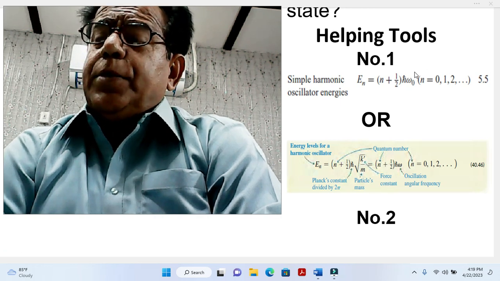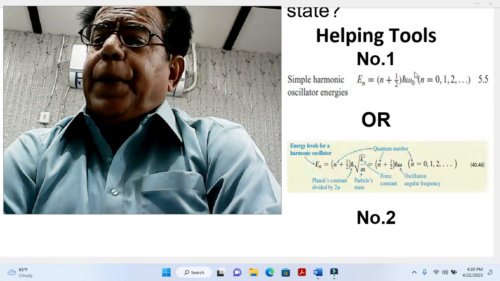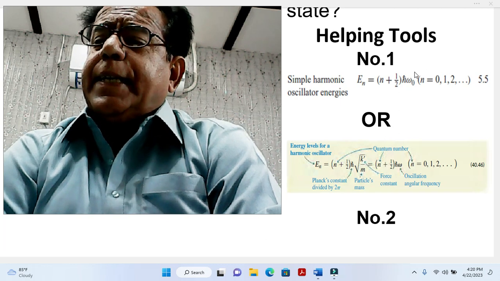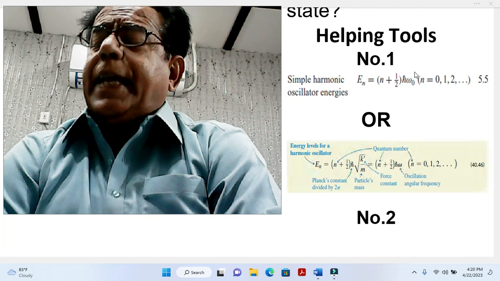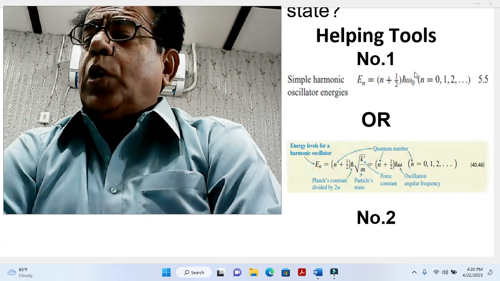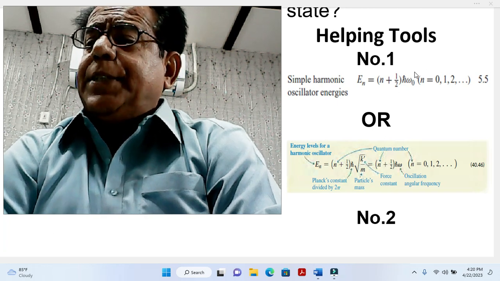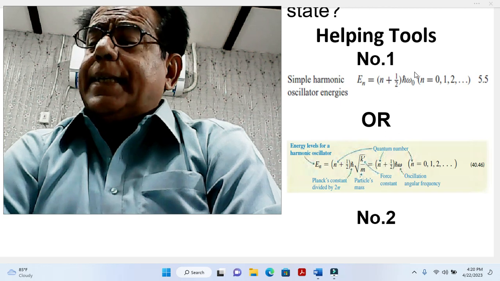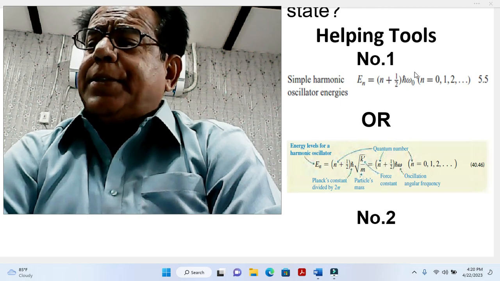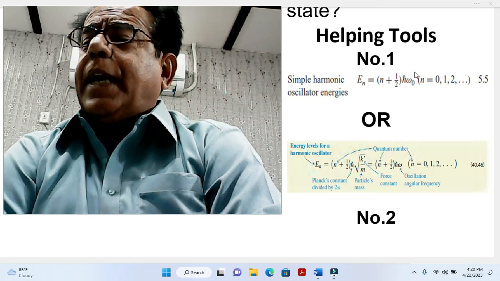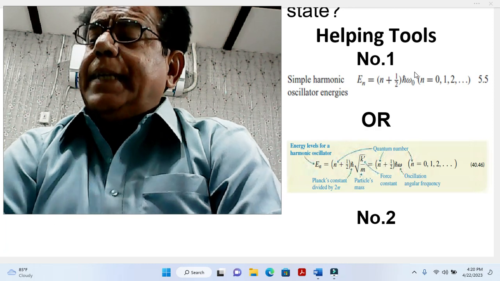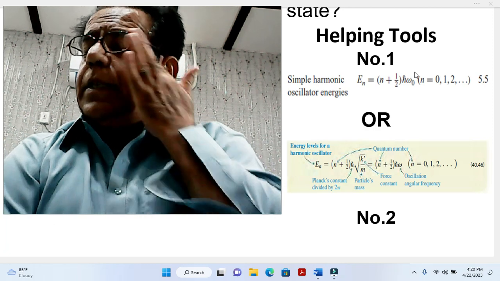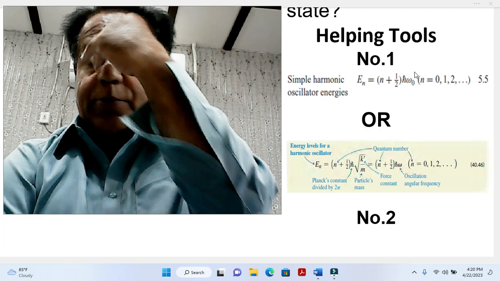According to tool number 1, simple harmonic oscillator energies are given as En equal to n plus half into h bar, or h reduced, into omega naught, where n is equal to 0, 1, 2, 3 and so on.